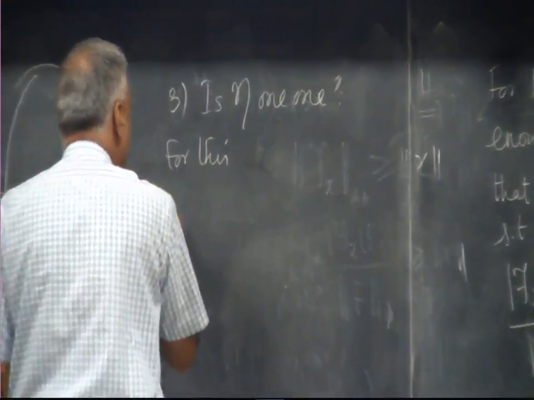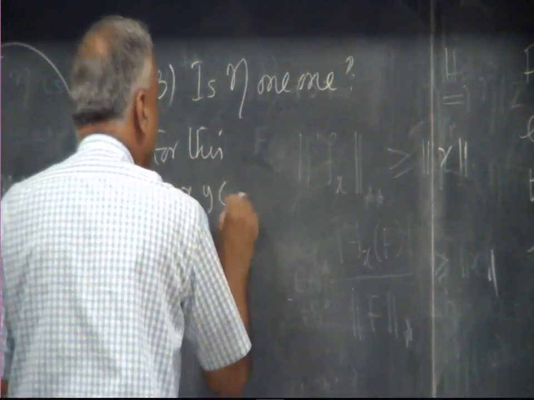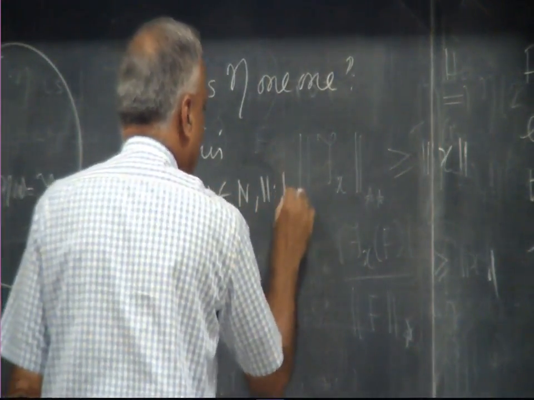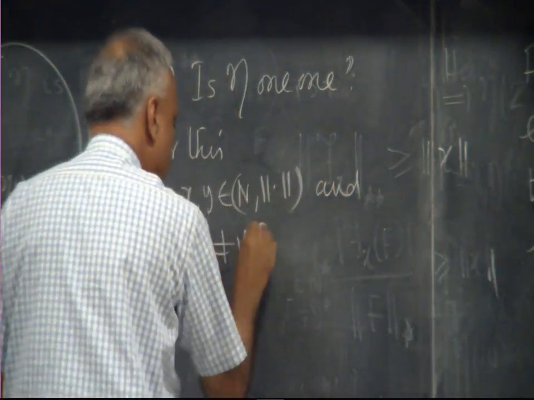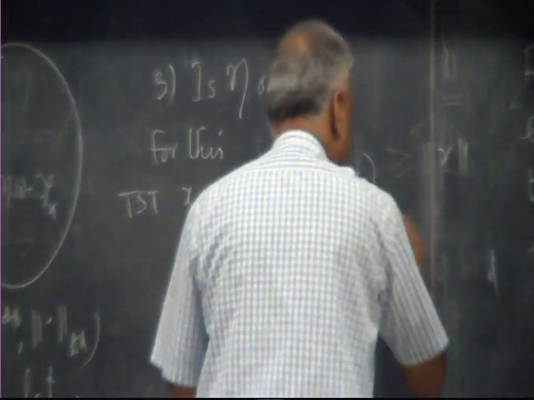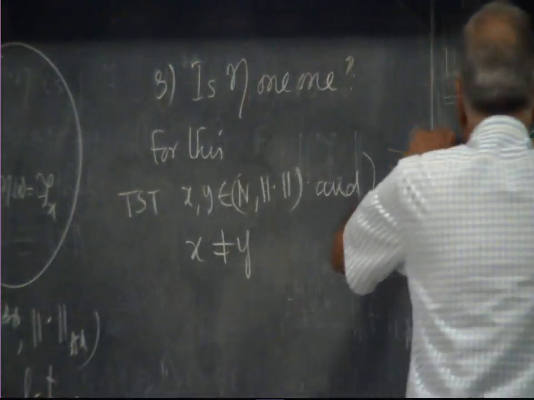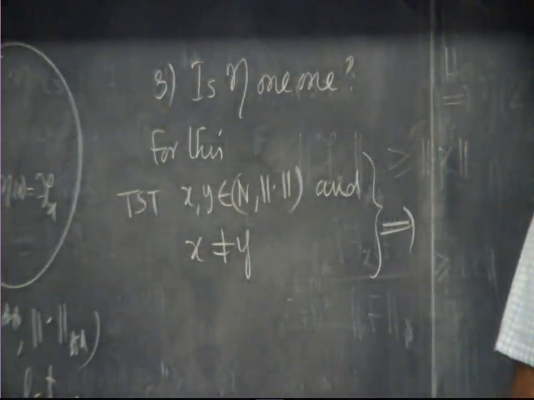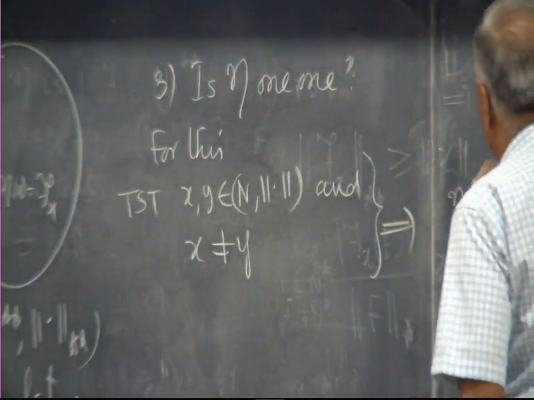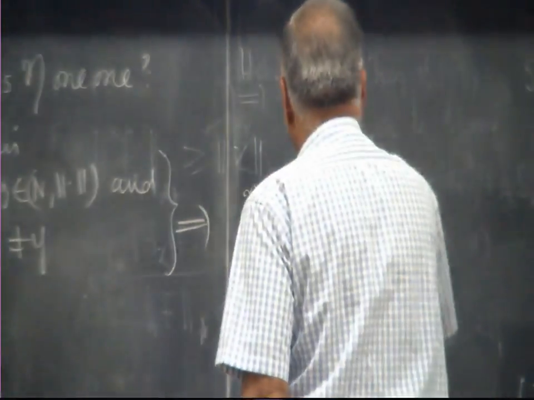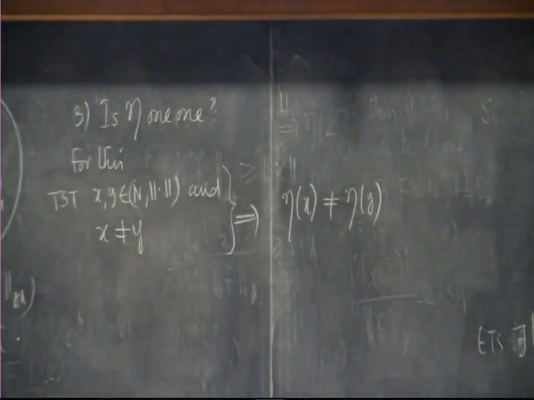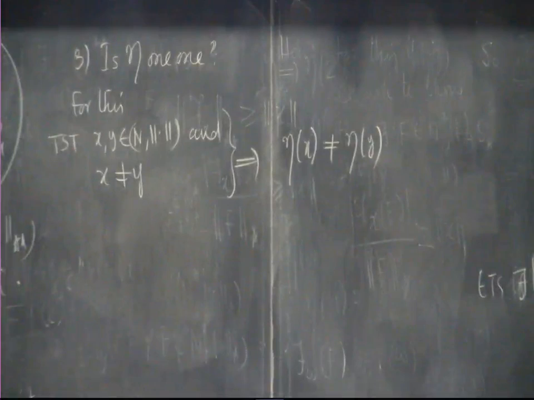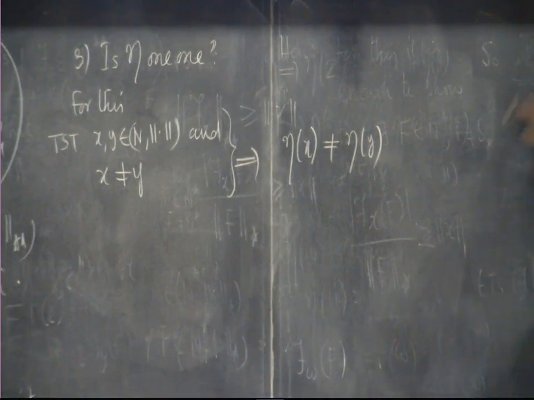We want to show that if x and y are in N and x is not equal to y, their corresponding shadows must be different. Eta x, the shadow of x, must be different from the shadow of y. If you want it to be 1-1, then different fellows must have different shadows. Okay. This is what we want to show.